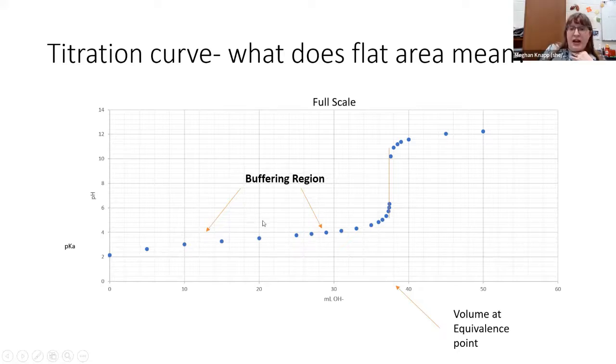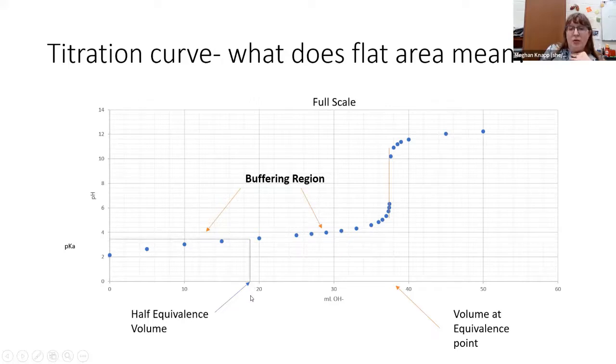If we look at half the equivalence volume, so remember the equivalence volume was right about 37, we're going to look at half of that. So that's going to be about 18.5. At half that volume, the pH is going to be equal to the pKa.